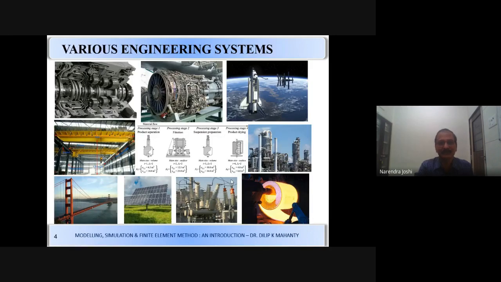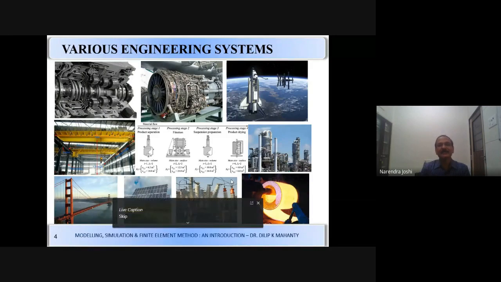Different aspects are there. Look at these engineering systems. They have a definitive, important output. There will be some input, some kind of working in between within the whole system. They interact with each other and give an output.